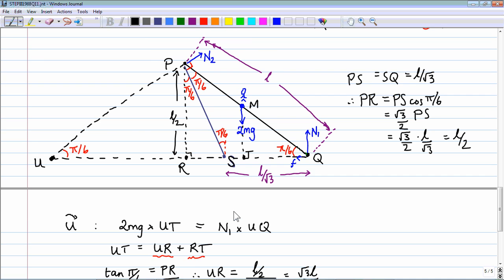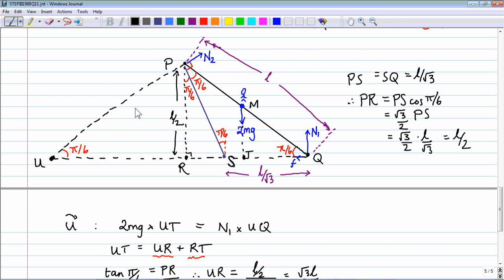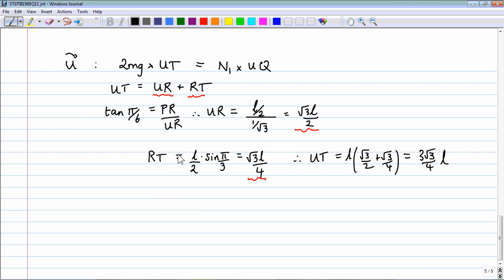Now UQ, you can see, is just because this length here we decided was L. So this is an isosceles triangle, so we're just going to write UQ is 2UR, and that would be root 3L.